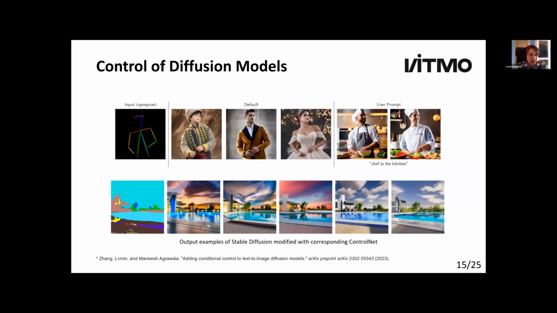Yes, and it can be different conditions. We can train ControlNet for OpenPose keypoints, so then our Stable Diffusion would be able to generate such images with input keypoints, or it can be a segmentation map, and the model will be able to generate images that correspond to the segmentation map.